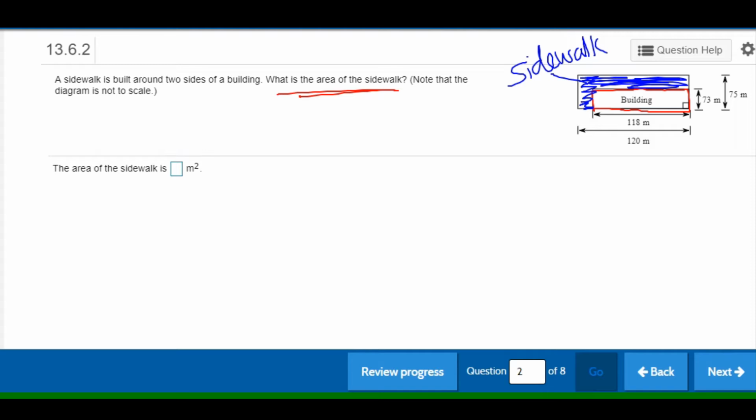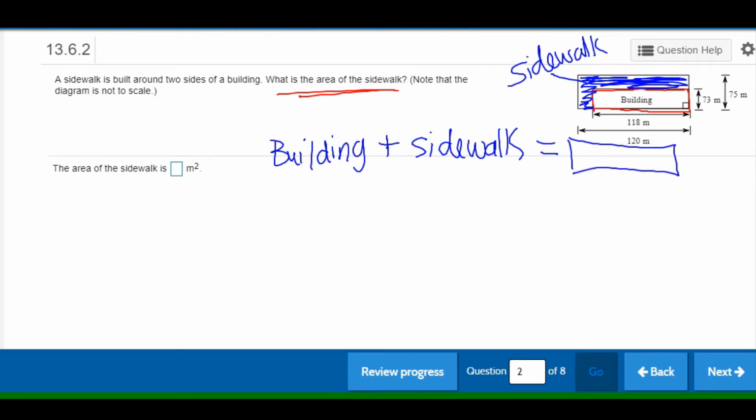So if we see the building and the sidewalk, it is equivalent to a rectangle with the dimensions of 120 meters for the base and 75 meters for the height.